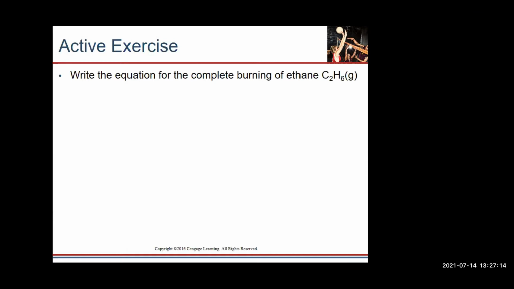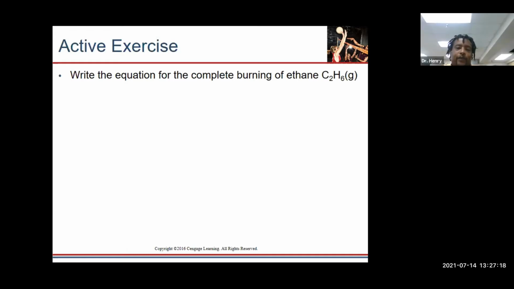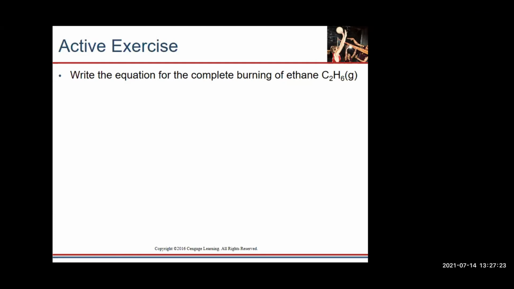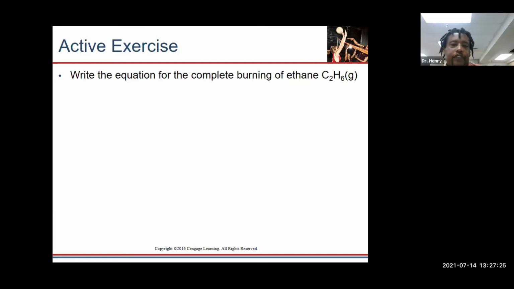Yeah. Okay, Haley, represent. So what do we need to do? If we have complete burning of ethane, how are we going to start writing this chemical equation? You're going to write down what you're given. Okay, so we're given C2H6, and we know that that's a gas.